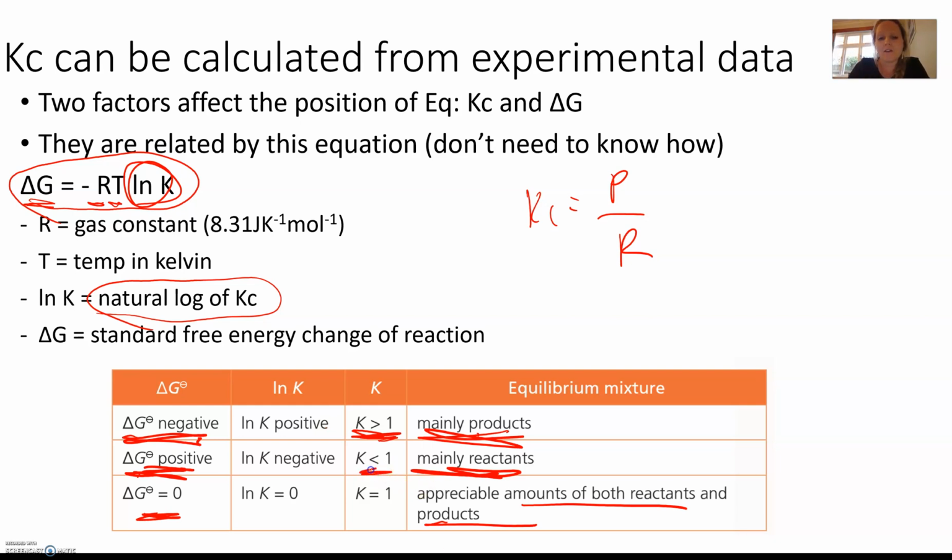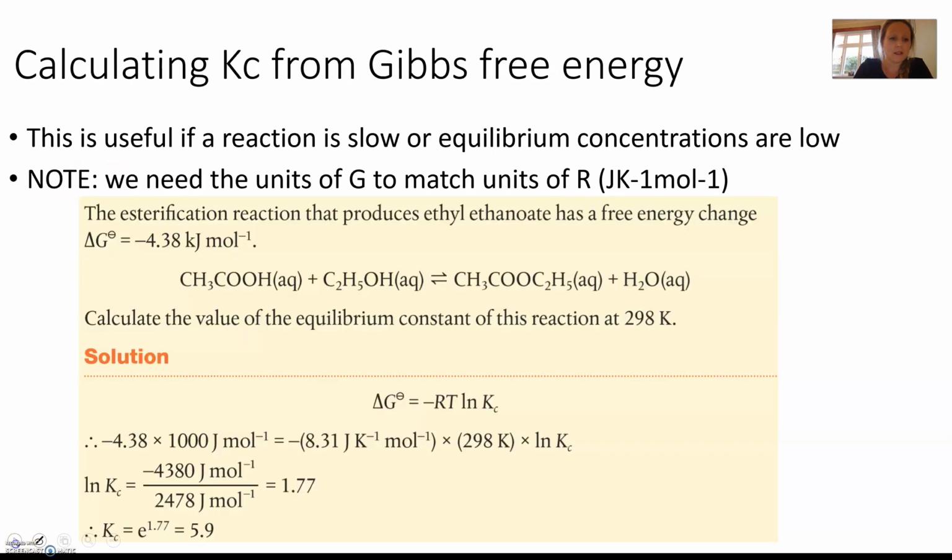And therefore, if it's mostly reactants, it's going to be less than 1, and if you've got an equilibrium mixture, the Kc will be 1. The part that you may not know, some of you may not be as good with logs, it just means that the log of your K would also be positive, the log of your K would also be negative, and the log of your K would be 0. And so we'll go through some problems.